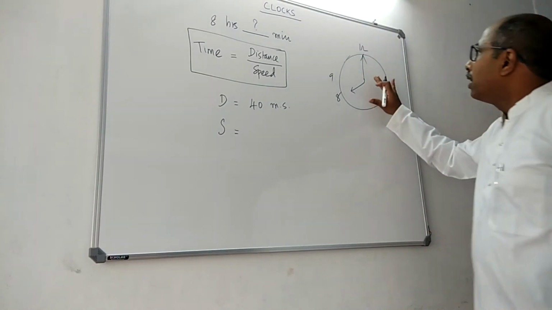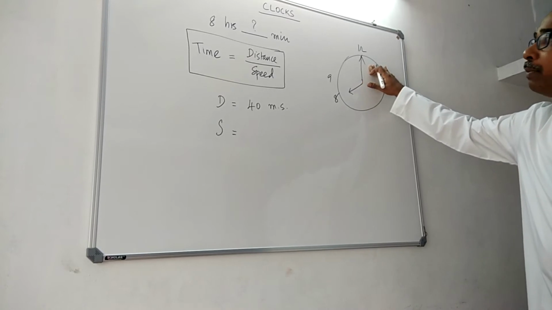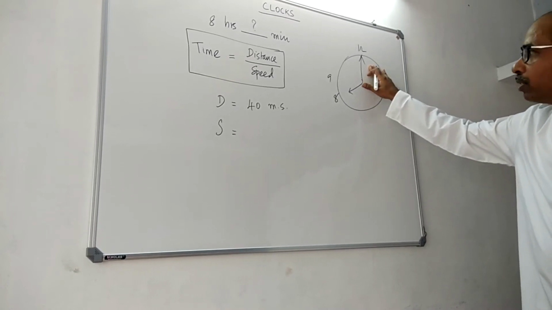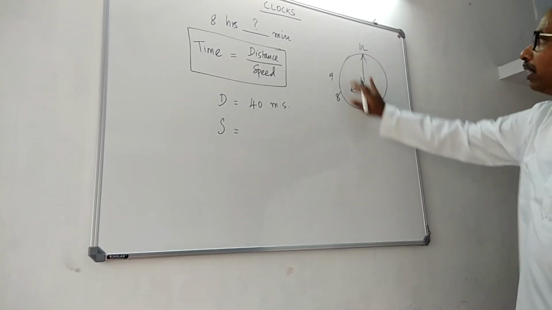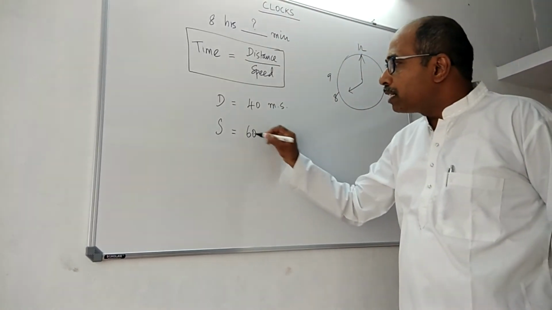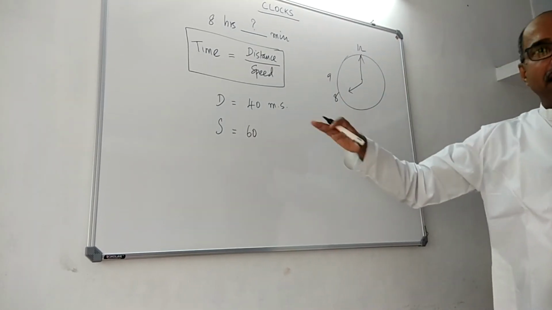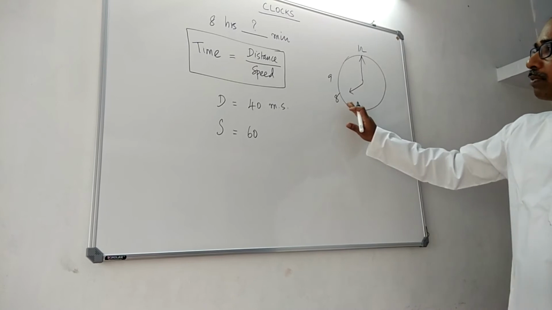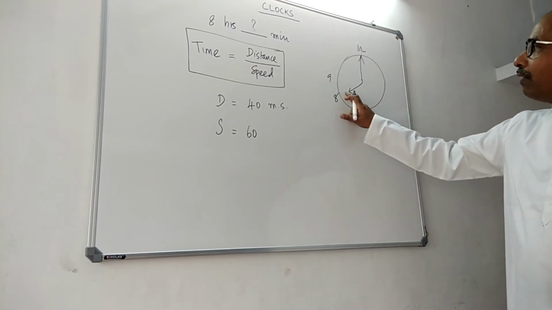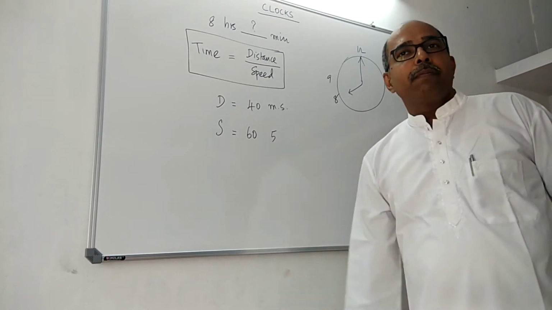If you just find the speed of the longer hand, in 1 hour, how many minute spaces does it cover? From 8 to 9, it completes one full circle, right? A full circle is nothing but 60 minute spaces. The speed of the longer hand is 60 minute spaces per hour. Similarly, the shorter hand travels from here to here, so it travels 5 minute spaces in an hour.